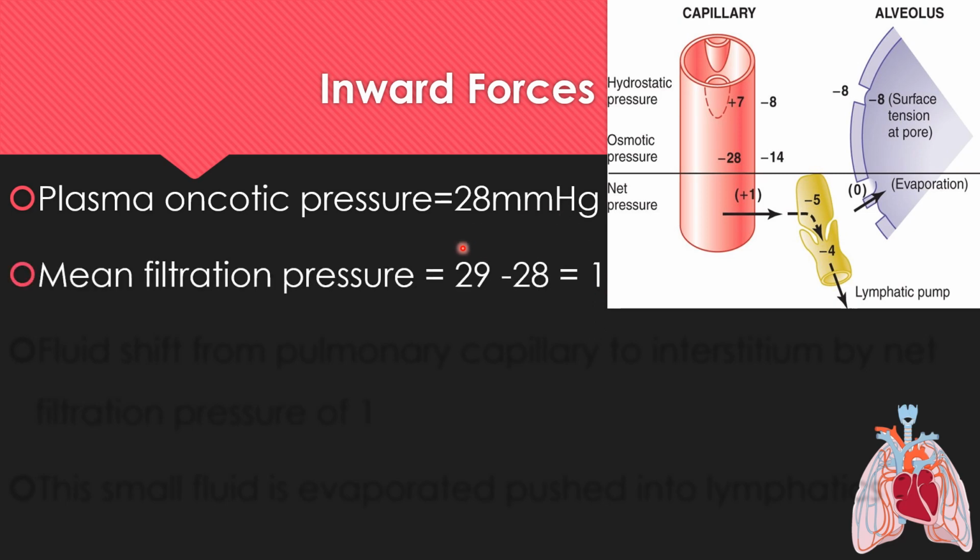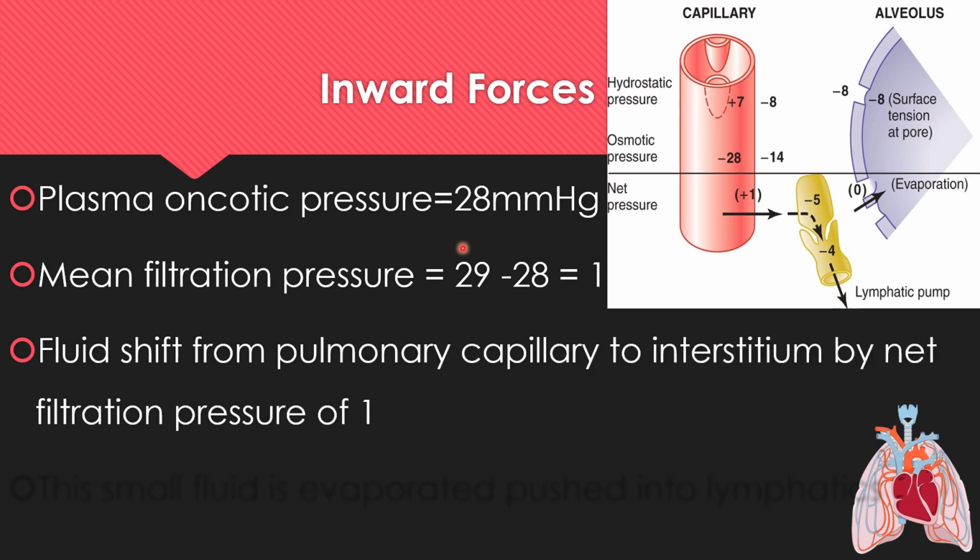So the mean filtration pressure of the pulmonary capillaries is only 1 millimeter of mercury, and this helps the shift of fluid from the pulmonary capillaries to the interstitium, by a net filtration pressure of only 1 millimeter of mercury.